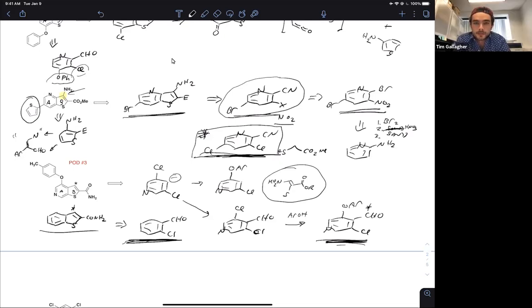Yes. The problem with that is just now I've got two acidic groups in mind. I've got the alpha to the sulfur, and I've also got the pyridine anion. And I would worry that you would get actual alkylation at the carbon in between the sulfur and the ester rather than the carbon of the pyridine anion.